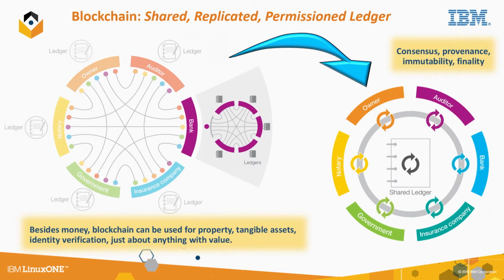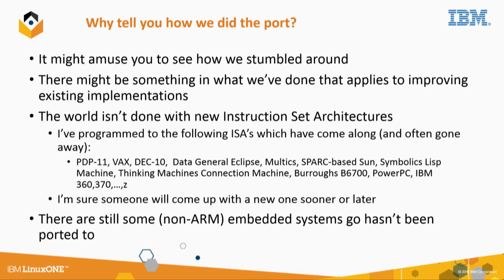Everyone understands where everything came from, so there's provenance. The blockchain cannot be changed, so it's immutable. And once a transaction is in the blockchain, it's there forever, so you have finality. And blockchains can be used for money, but also things like property, tangibles. Almost anything that you want to exchange with other parties and which has value can go into a blockchain.